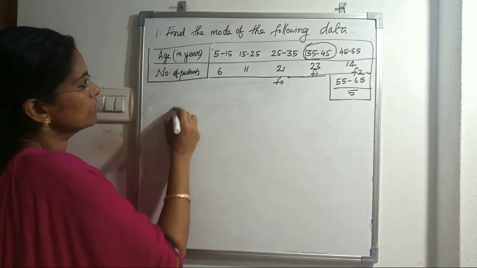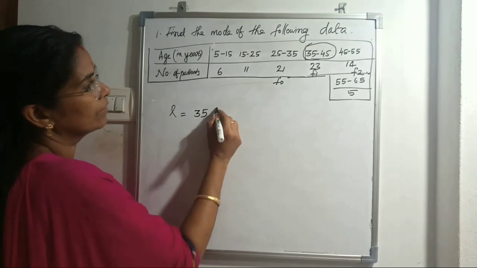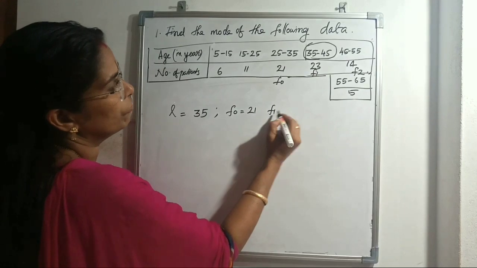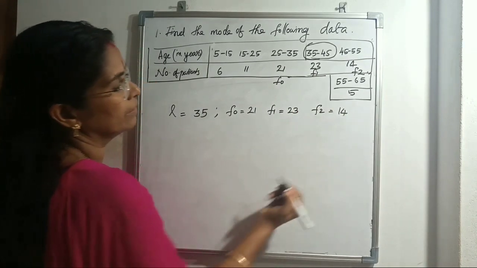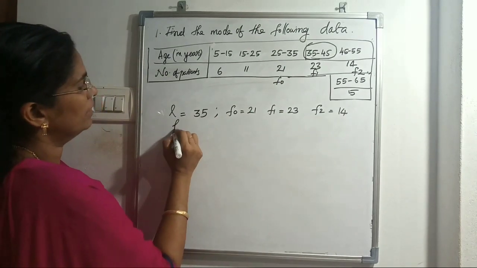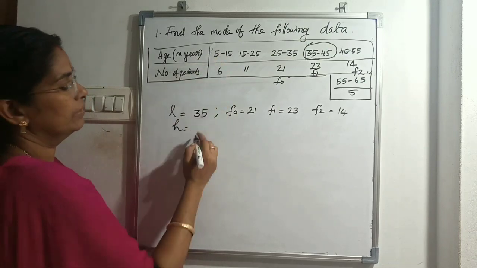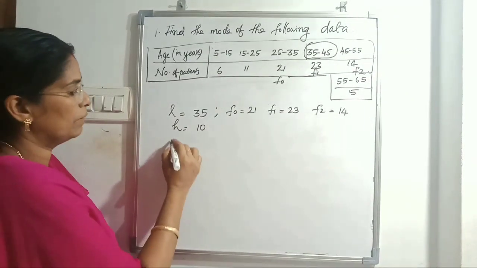So we can write first what is L. Lower limit is 35. What is F0? 21. F1 is 23. F2 is 14. And what is H? One more value we have to write. The class width is 15 minus 5, it is 10. Clear all these values? Now we can apply the formula.